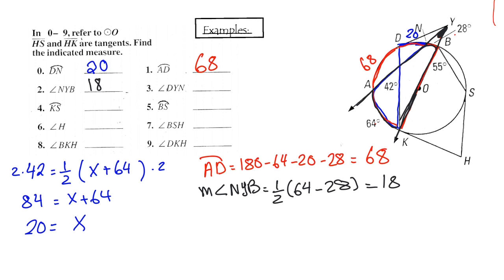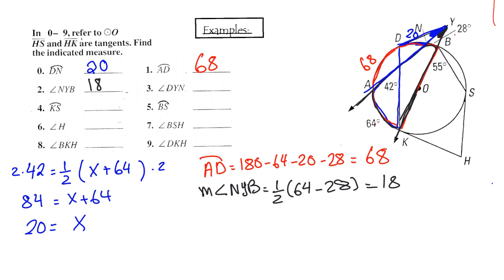Moving on to 3, you want to find the measure of DYN. So again, it's another exterior angle. And with that exterior angle, you have two arcs again. If I extended those two rays, that makes this angle, and I can see clearly my two arcs.